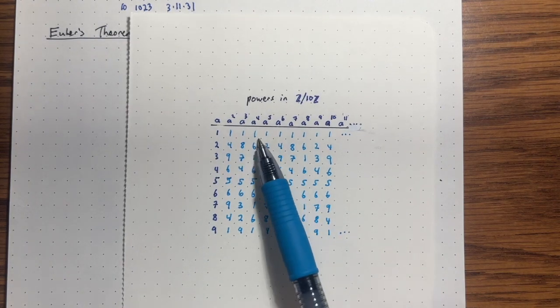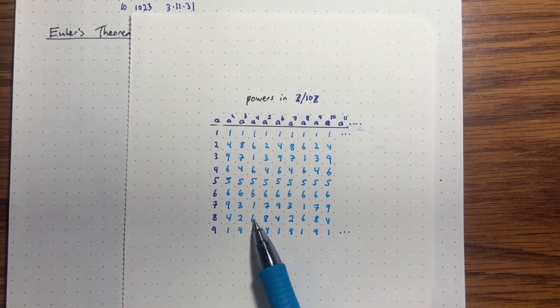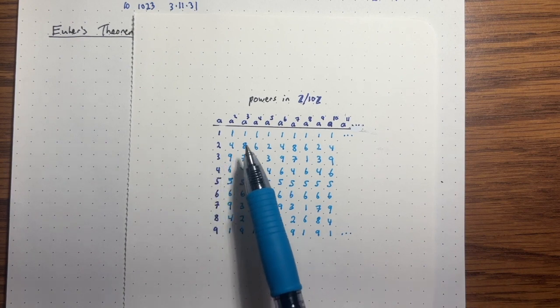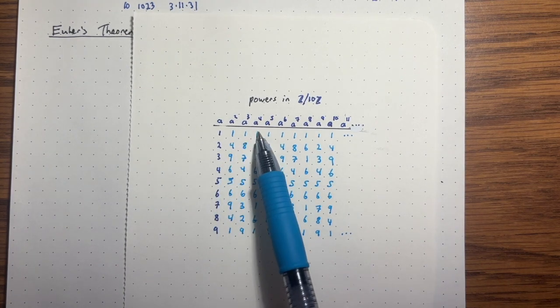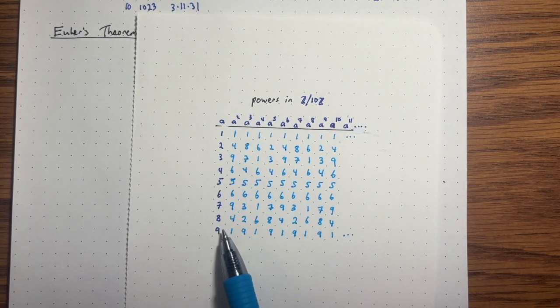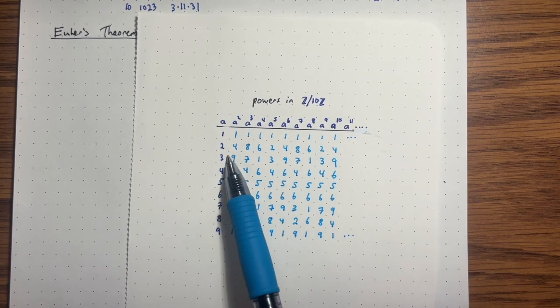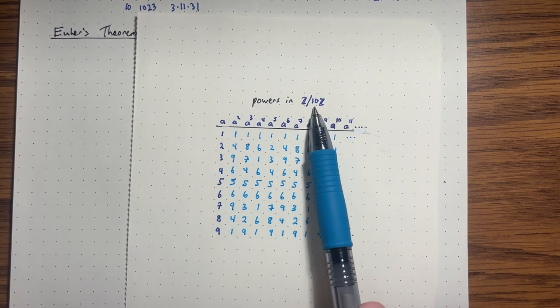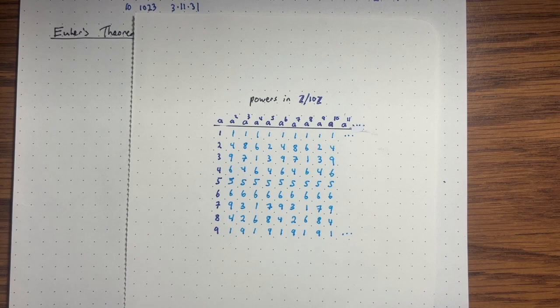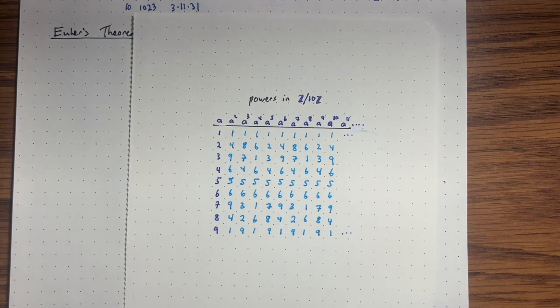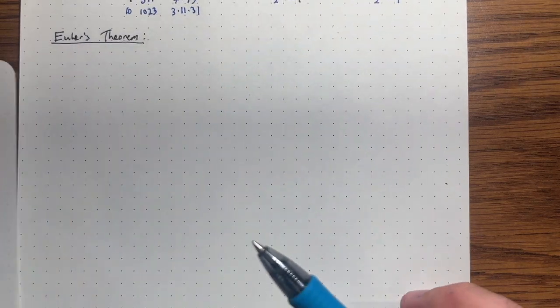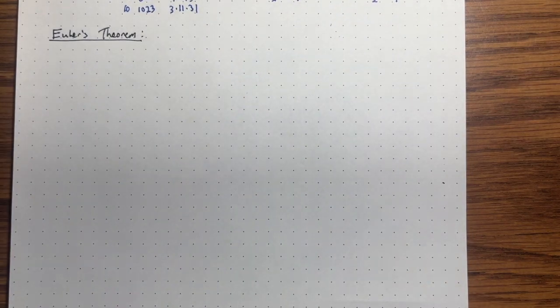So notice that this 4th column here does have a lot of 1s. It has a 1 for 1, 3, 7, and 9. Those are exactly the elements that are coprime to the modulus. Those are the elements that are coprime to 10. So we're only going to take those elements.